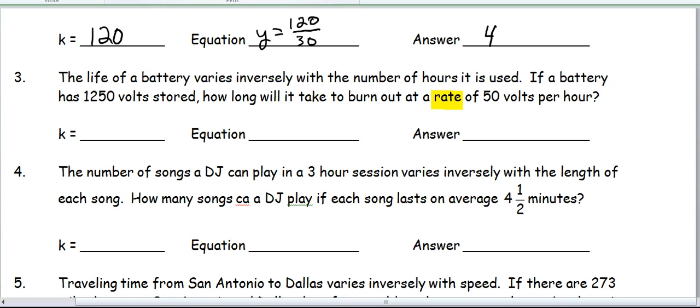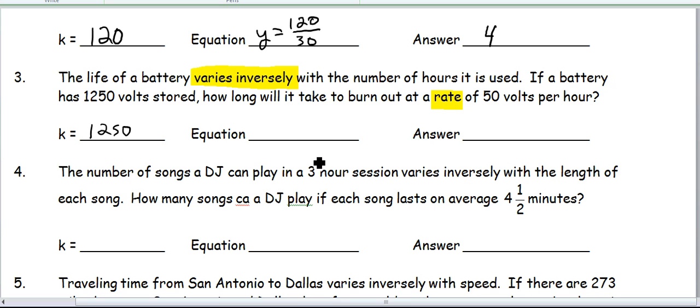The life of a battery varies inversely. Again, varies inversely. We need to catch this. It says if a battery has 1,250 volts stored, how long will it take to burn out at a rate of 50 volts per hour? All right. So our K, the constant, is 1,250 volts.